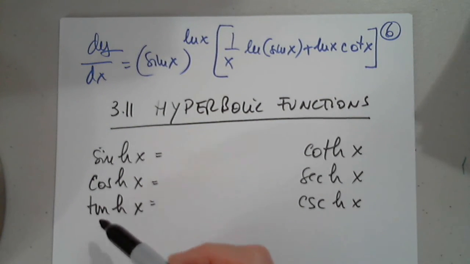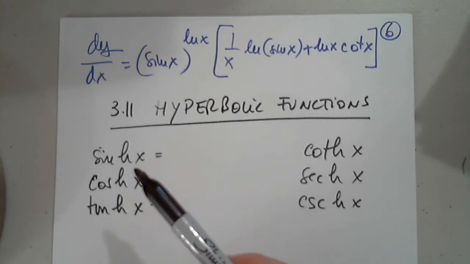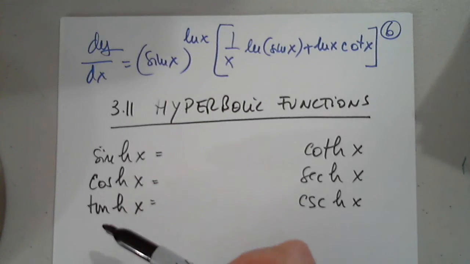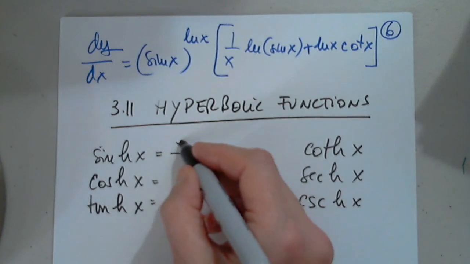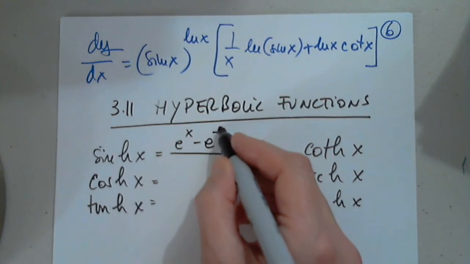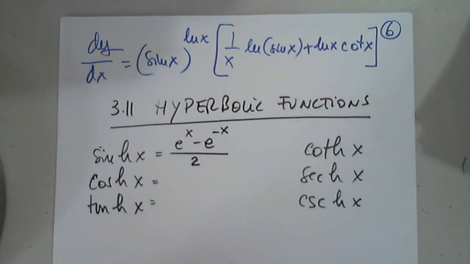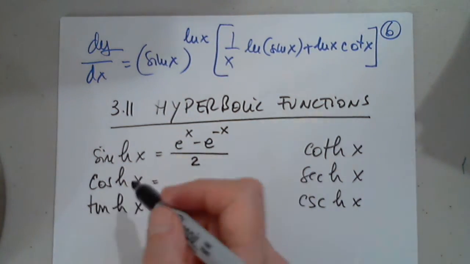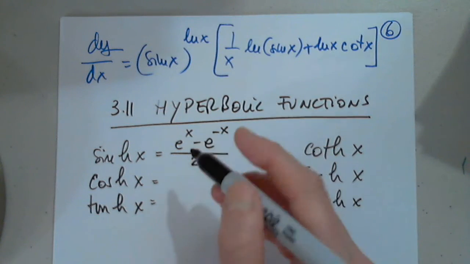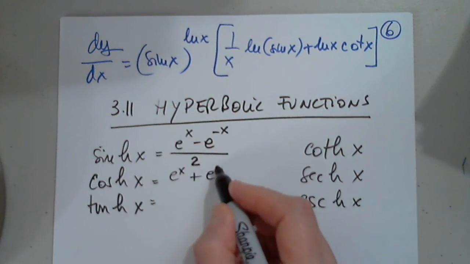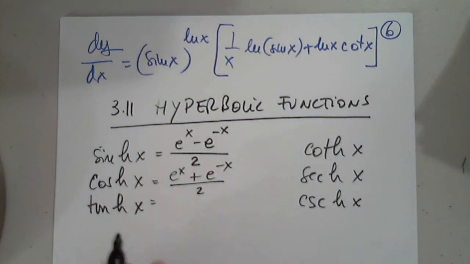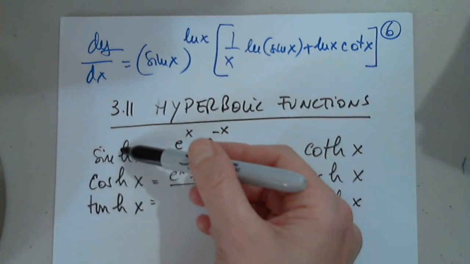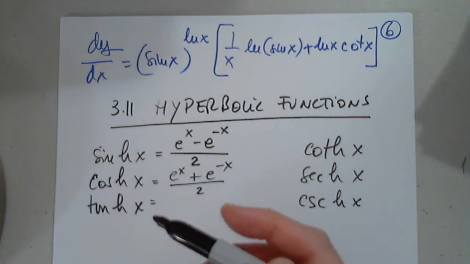Because they have relationships similar to the trig functions, that's why. So here it is, e to the x minus e to negative x divided by 2. And the second one, the cosine, is the same but with plus. So e to the x plus e to negative x divided by 2. And this one obviously is hyperbolic sine over hyperbolic cosine.